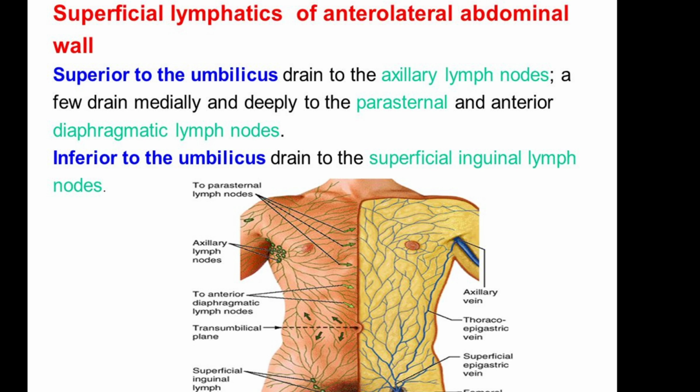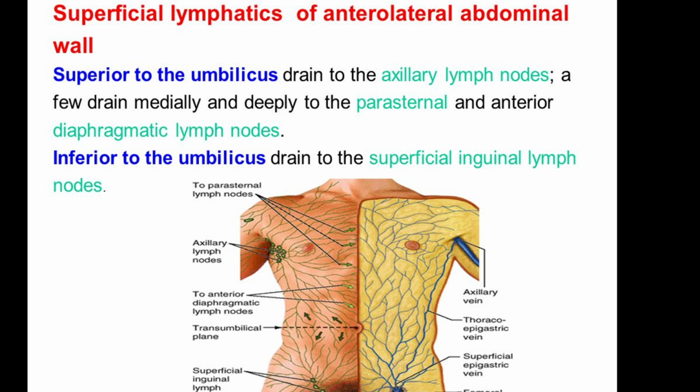Superficial lymphatics of the anterolateral abdominal wall, superior to the umbilicus, drain to the axillary lymph nodes. A few drain medially and deeply to the parasternal and anterior diaphragmatic lymph nodes, and inferior to the umbilicus, drain to the superficial inguinal lymph nodes.